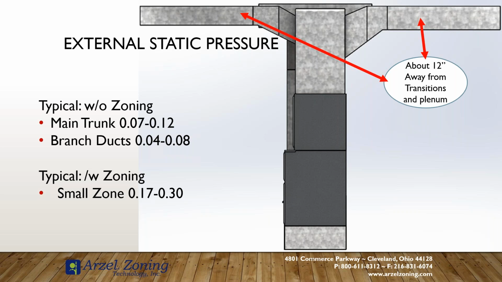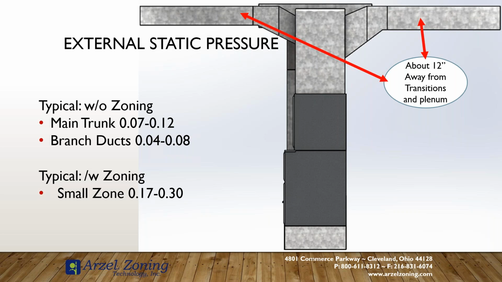And then with zoning, if our smallest zone is calling by itself, we're typically going to see that somewhere between a 0.17 and a 0.30. And the closer we get to that 0.30, the more likely we are to have objectionable airflow noise for our customer. Nominally, you're probably going to end up somewhere around a 0.17 to a 0.23.